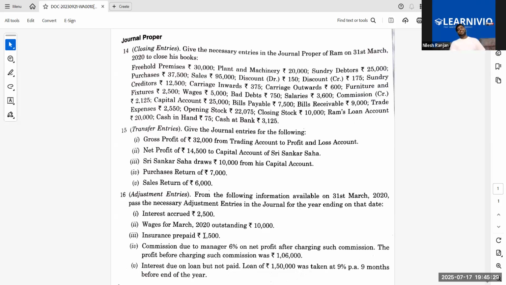No, no, sorry. Here it will be interest on loan account debit to loan account, because if you do not pay the interest on the loan, then it is added to the loan amount. So that's why on the credit side, loan account will be. So it will be interest on loan account debit to loan account.